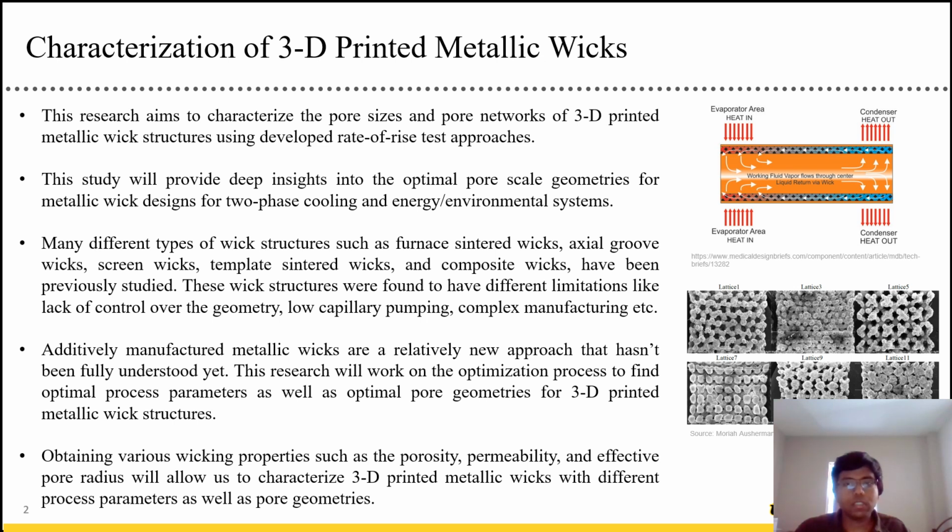Additively manufactured wicks are a relatively new approach and haven't been fully understood just yet. So through my research, we can get a better understanding of the optimal pore geometries and pore networks, as well as the process parameters that correspond to 3D printed metallic wick structures.